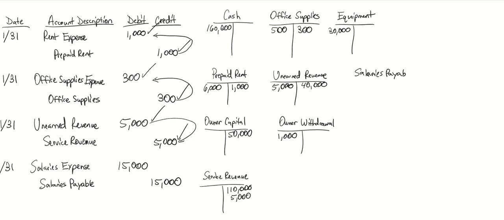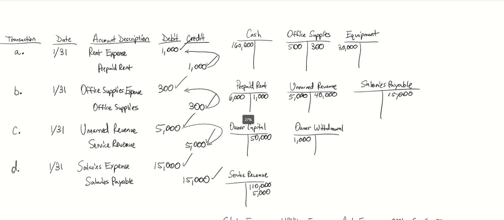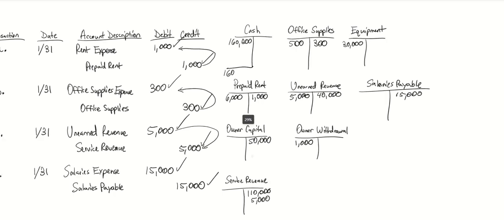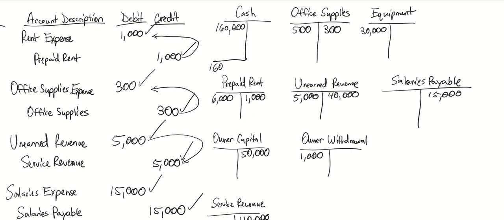It is a liability, so this is going to be a $15,000 credit on the right side. Okay, so we're good to go. We've updated the T accounts for some of the accounts. Now let's update the ending balances. Cash wasn't affected, so let me zoom in here so you can see it better.